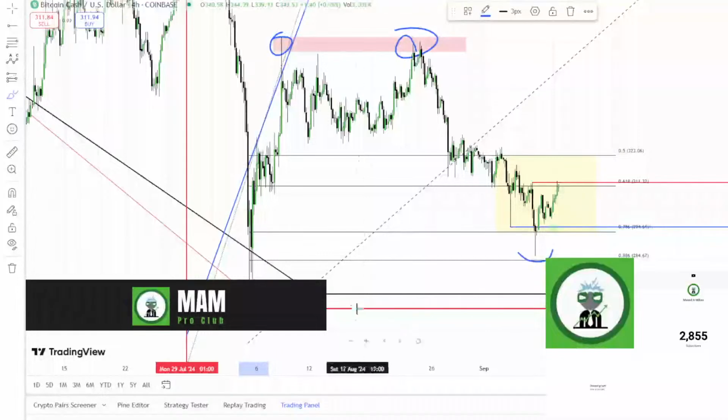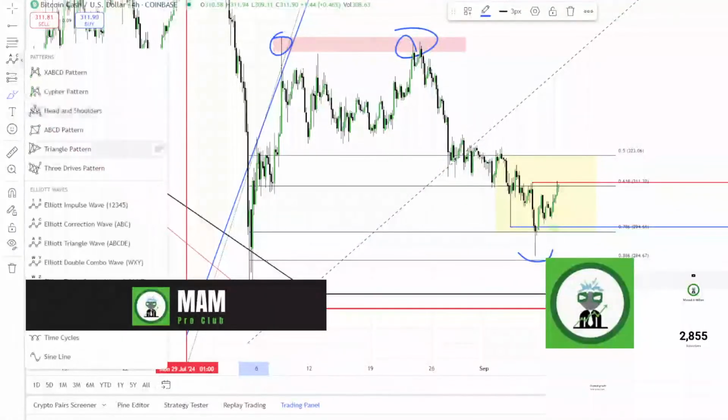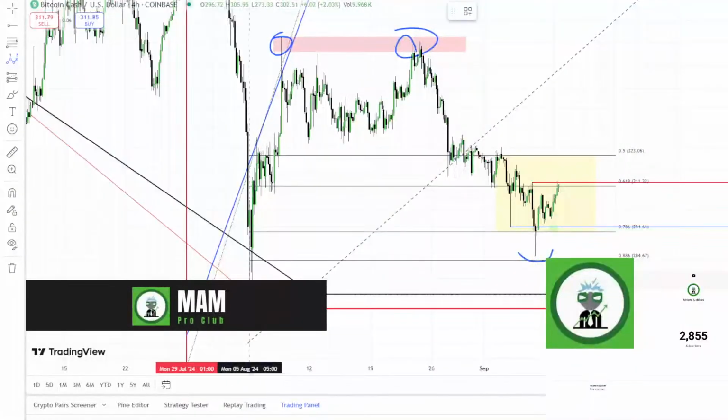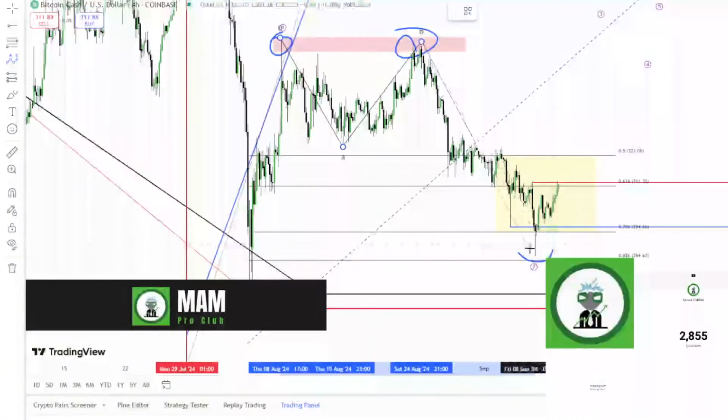Now, it's also potentially a valid wave 2. So if this is your wave 1, this would be your wave 2, and then you go on for wave 3, 4, 5. What this then becomes is a corrective pattern.